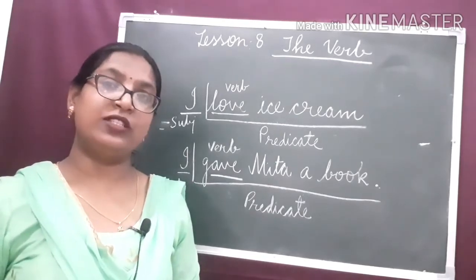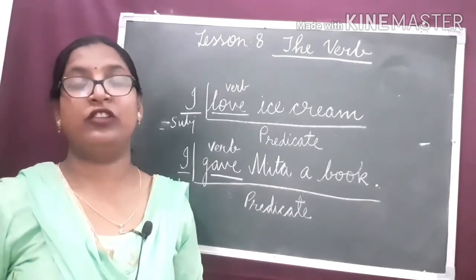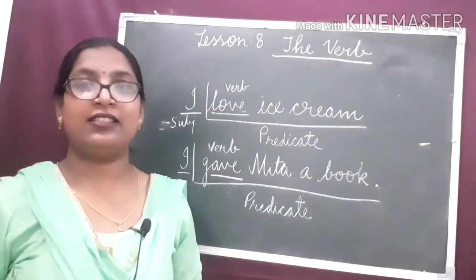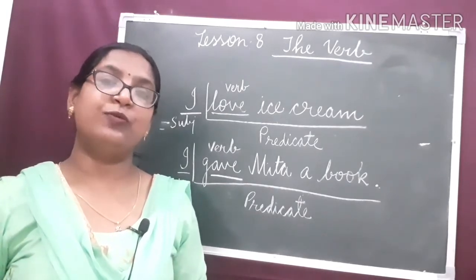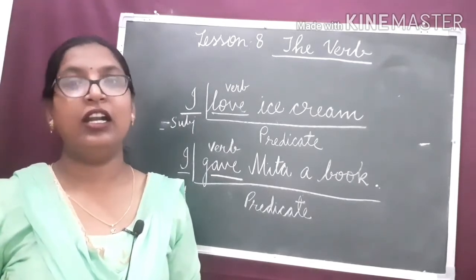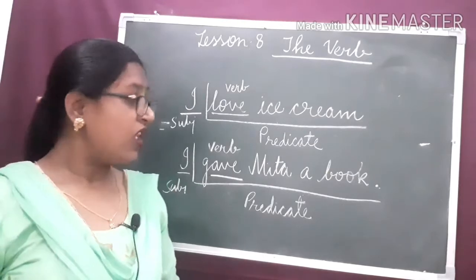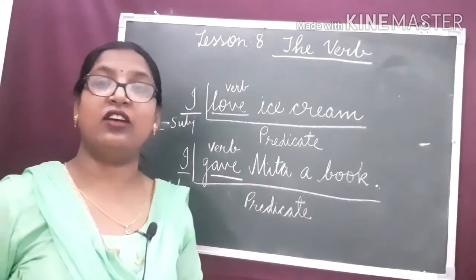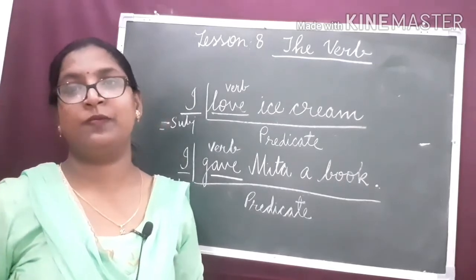Some of the verbs are expressing action, some of the verbs are expressing state of being or existence, or some of the verbs are expressing the possession, the belonging. All these are verbs. Now, in these two sentences, love and gave are the finite verbs.